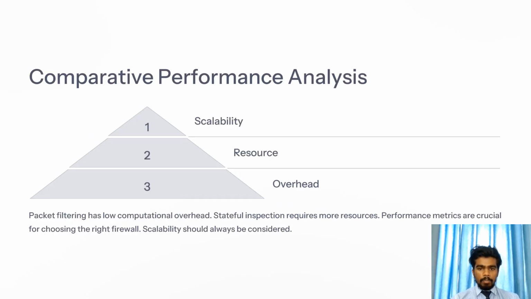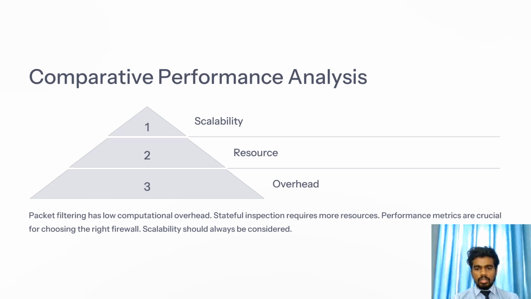Here we can see a pyramid diagram. Now let's compare packet filtering and stateful firewalls in terms of performance. If we talk about scalability, packet filtering is faster since it only checks the packet headers, whereas a stateful firewall requires more processing power.